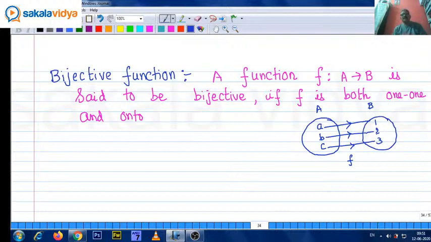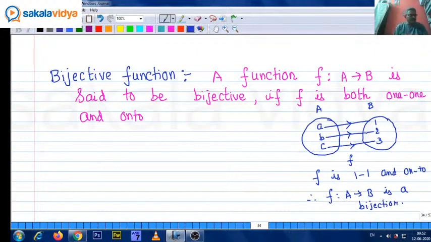Now what is the range of this function? In the test, 1, 2, 3. What is its codomain? That is B. So since the range equals the codomain, this function is both 1 to 1 and onto. Therefore f maps A to B is bijective, a bijection. This is one of the examples.